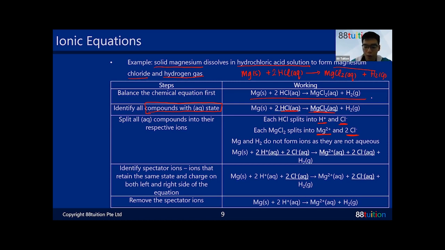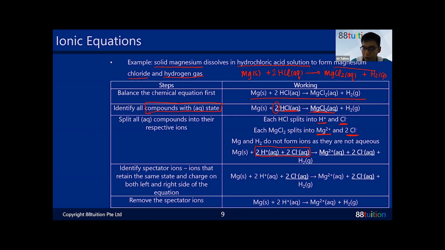Next, we split up all the aqueous compounds into their respective ions. For magnesium solid, no change, so I keep it as magnesium solid. For HCl, I know that it splits into H+ and Cl-. If I have two of it, I will have two H+ and two Cl-. Only do this for the aq compounds.